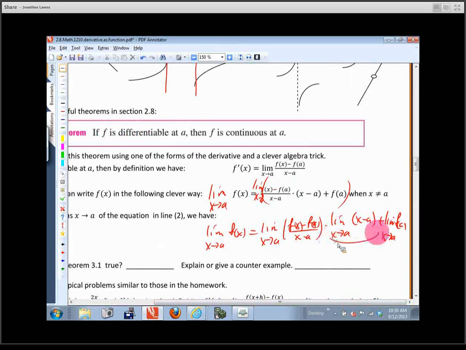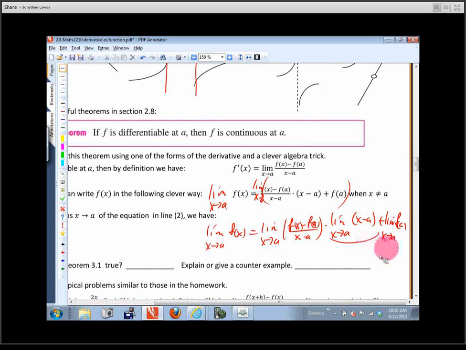Let's do this one first. What's the limit here as x approaches a? 0. Is there an x in this expression? Nope. So this one's just f of a.